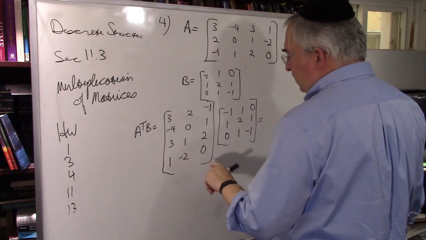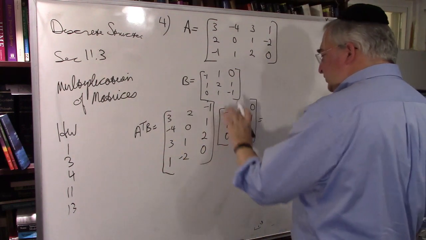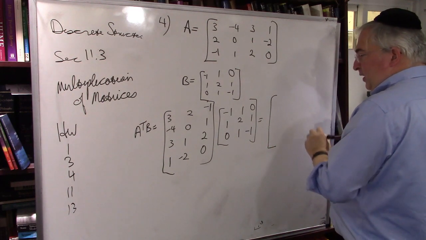Okay, so this is a 4 by 3, and this is a 3 by 3, so we're going to get out a 4 by 3.